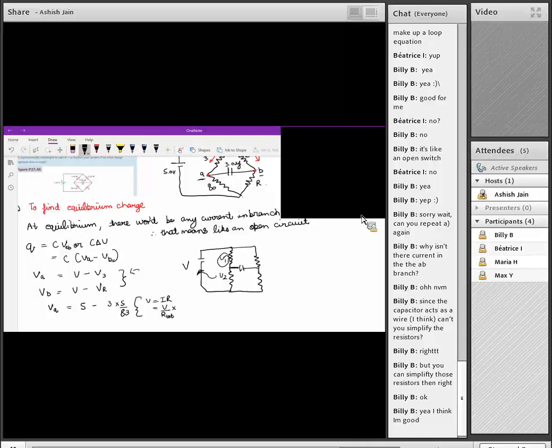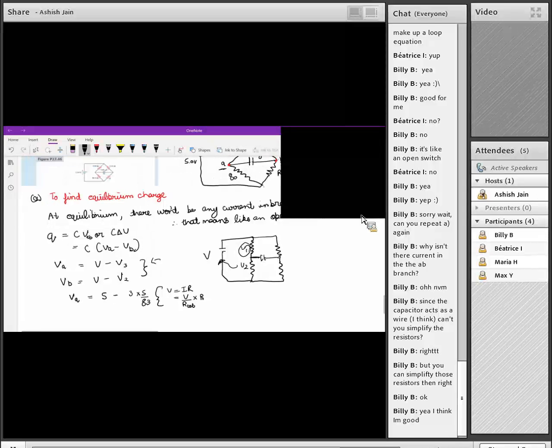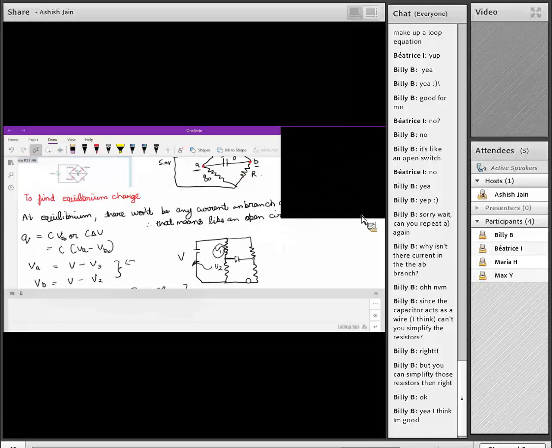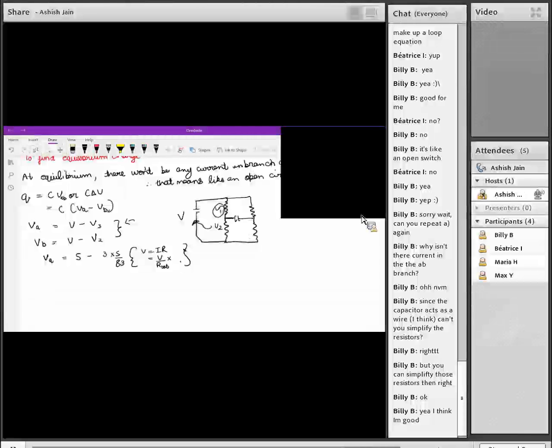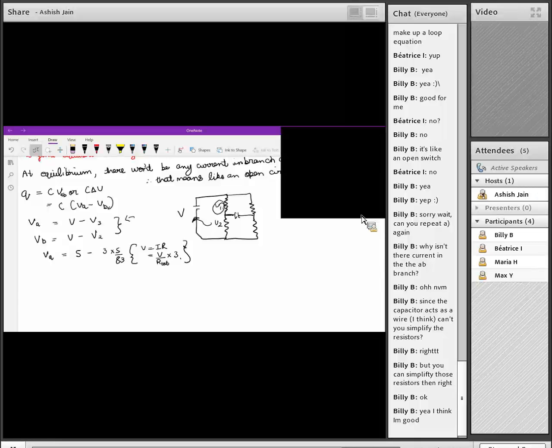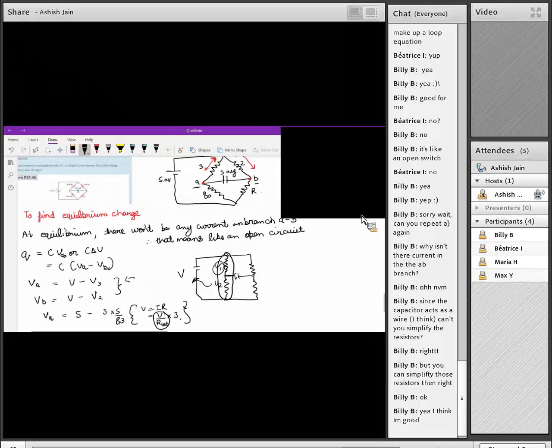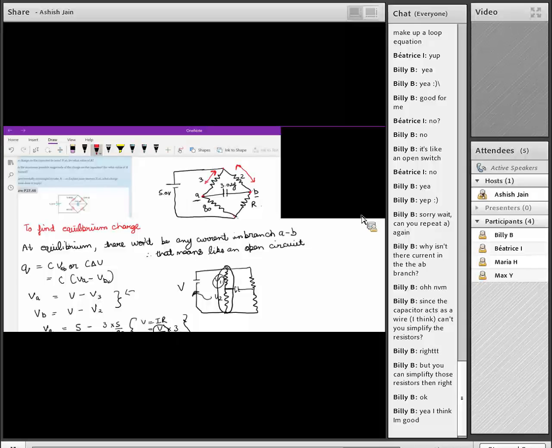Just made a mistake, sorry. R3. So this is the current in this branch, and the voltage drop across point A is due to the resistance 80 and due to the resistance 3 ohm.